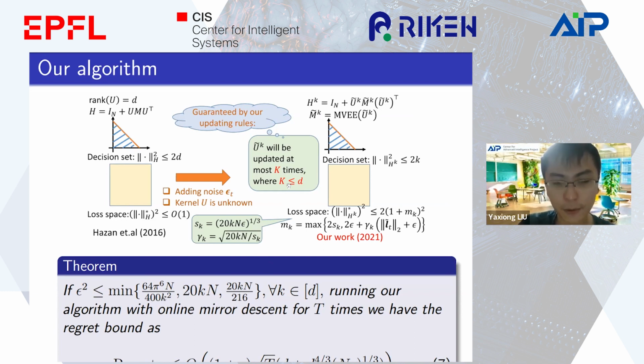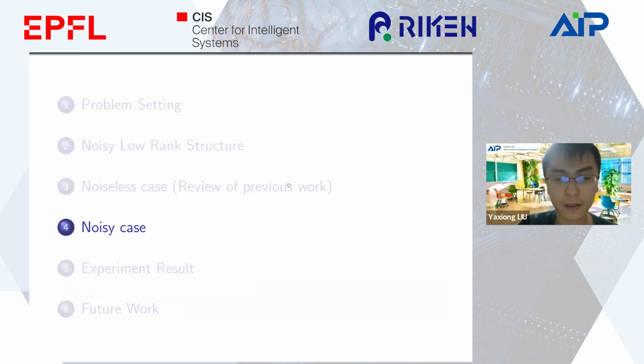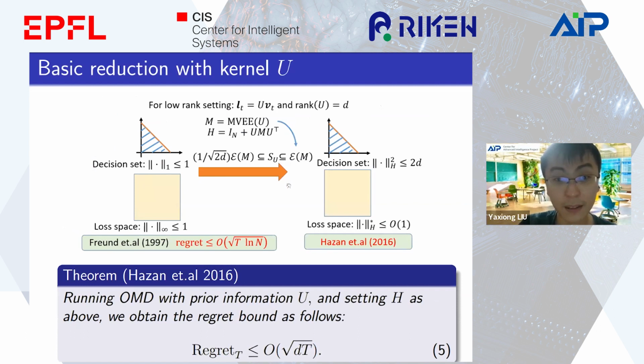And as for the second question, I think the matrix decomposition will be applied in the proof, in giving the bound on the dual norm of the loss space with respect to the matrix decomposition.